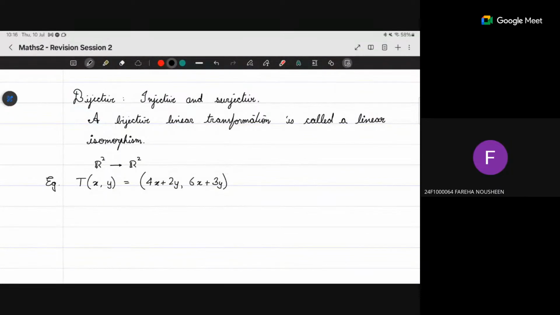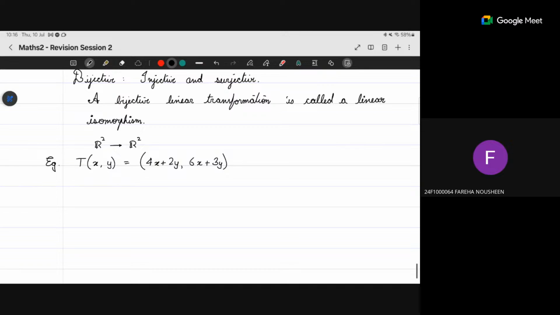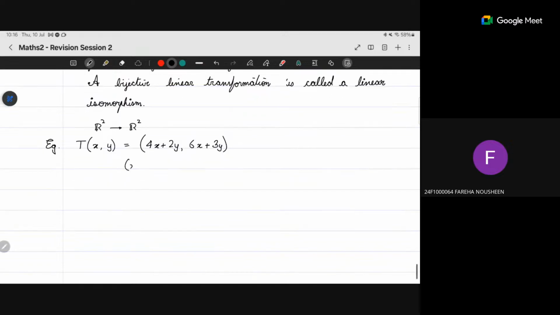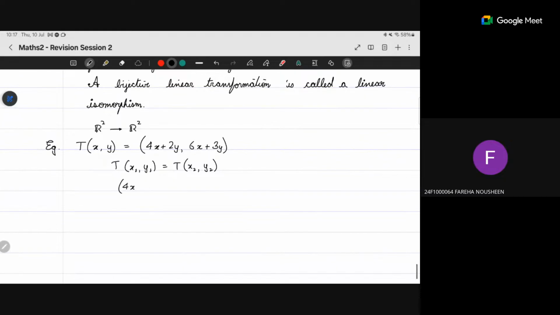If you want to verify whether some function is injective or not, what would you do? If you want to do the brute force method, you want to see if there exist (x1, y1) and (x2, y2) such that their images are equal. Such a thing should not happen unless (x1, y1) is equal to (x2, y2). But in this case, what would you end up getting? (4x1 plus 2y1, 6x1 plus 3y1) is equal to (4x2 plus 2y2, 6x2 plus 3y2).